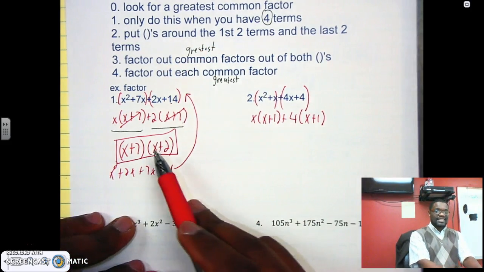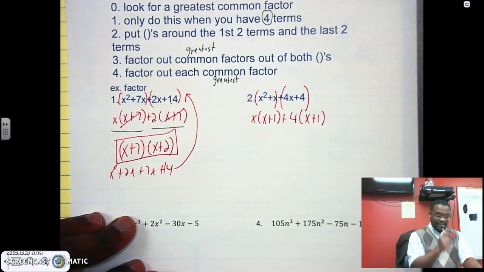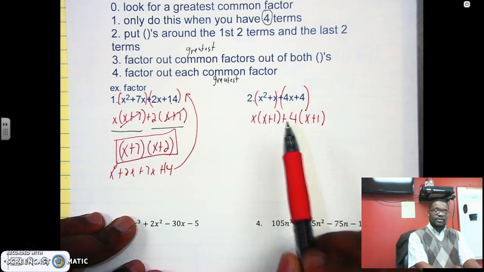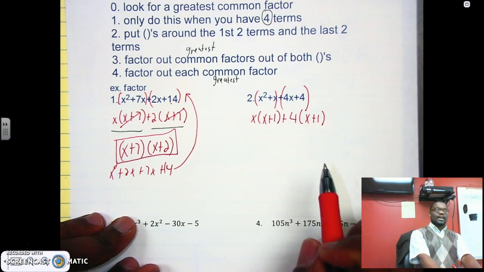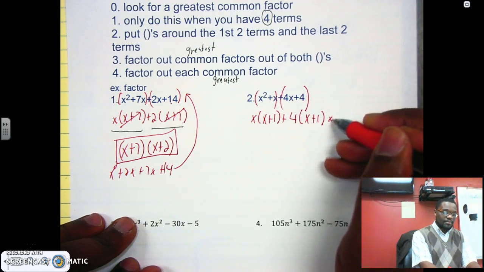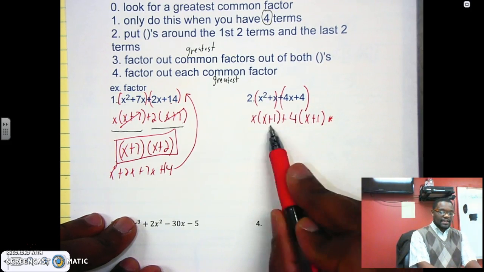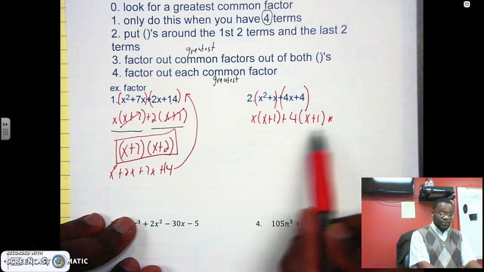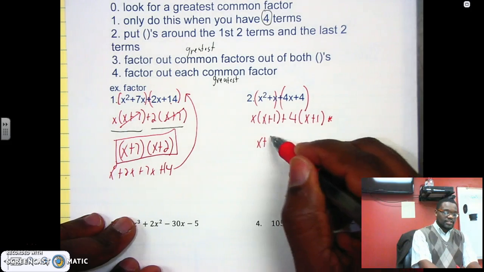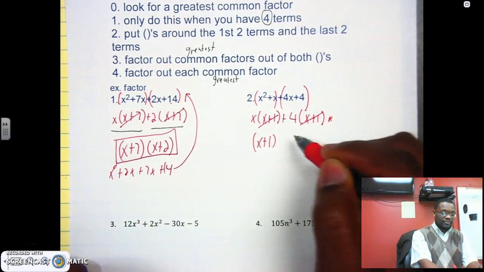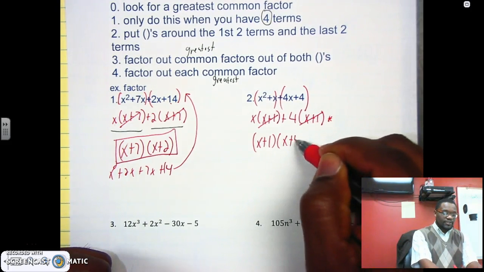Notice that on number 1 and number 2, once I did that, my 2 terms have a common factor inside the parenthesis. Whenever you're factoring by grouping, this step right here should happen. You should get the same thing in the parentheses of each term. x plus 1 is what I take from both of those. I divided out that x plus 1, which is a common factor, and whatever's left over goes in the second parenthesis.